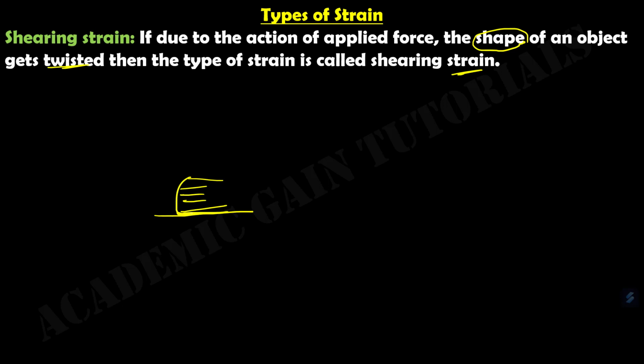Now if we push tangentially on the upper face of the book, so we apply some force in the upper portion of this book, the book will look like this.